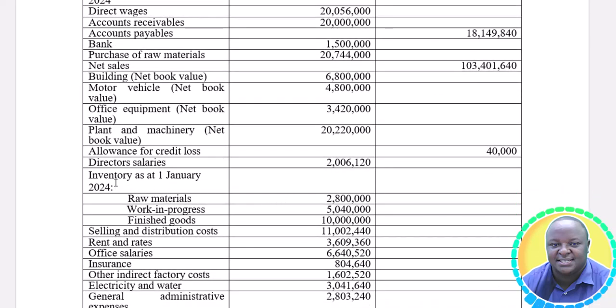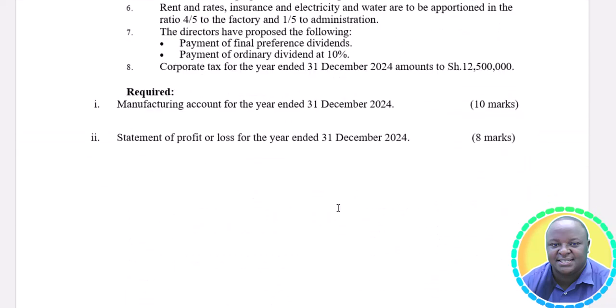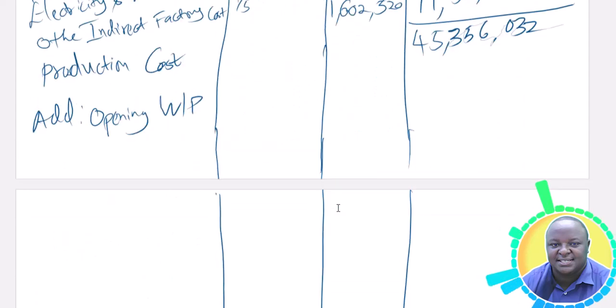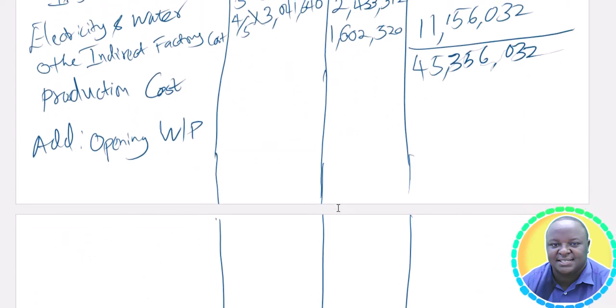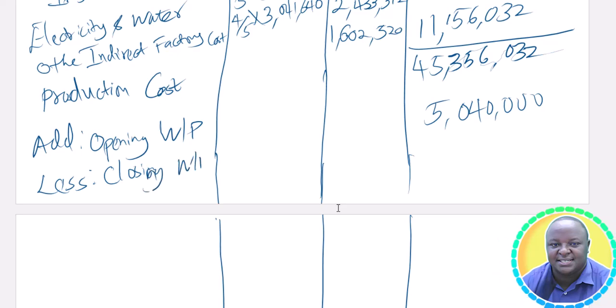We have inventory as at 1st January 2024, work in progress is 5,040,000. So we will add our opening work in progress of 5,040,000. If you add that, then we less closing work in progress.